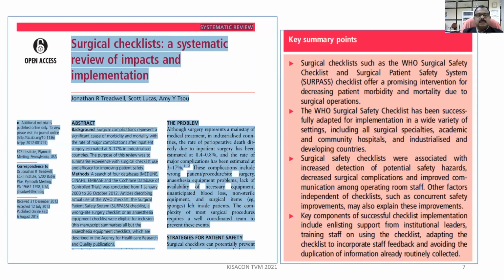Among the various studies on the surgical safety checklist, this is one of the studies, published from the USA, and the key summary points are: surgical checklists are a promising intervention, it has been successfully adopted, and surgical safety checklists were associated with increased detection of potential safety hazards, decreased surgical complications, and improved communication among operating staff.